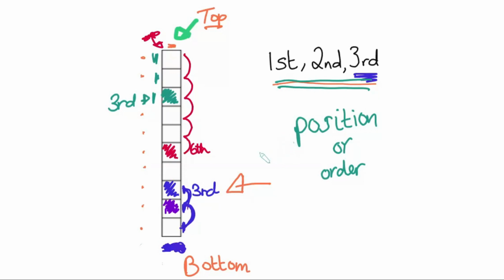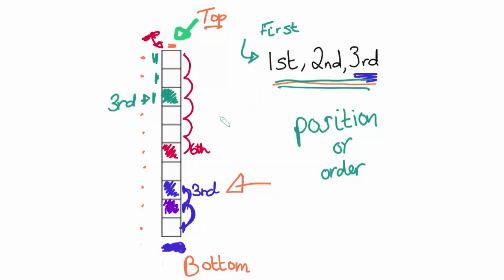Now, when we're identifying ordinal numbers, we can write them in words. For example, we could write first in words, or we could write first using digits as well. So we have two ways of writing our ordinal numbers.